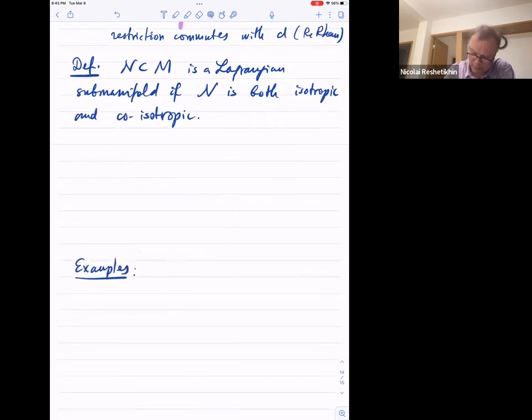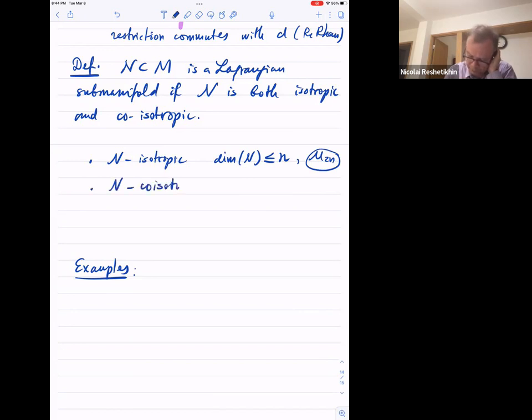And just a little spiel about the dimensions. So if N is isotropic, its dimension is less or equal than half of the dimension of the ambient symplectic manifold. And if it is coisotropic, then its dimension is greater or equal than n.